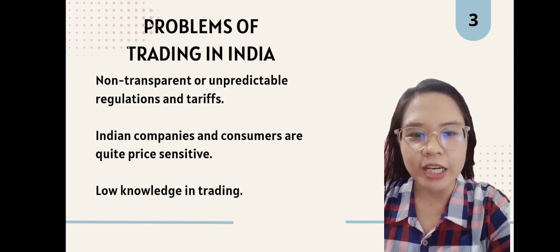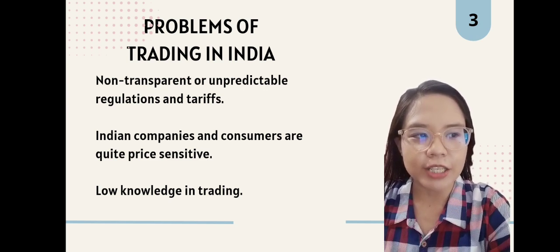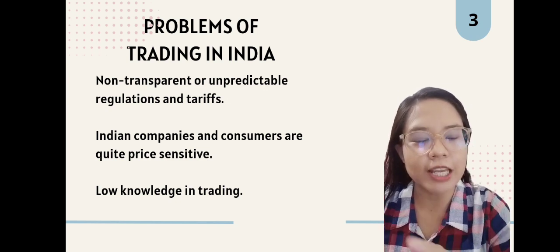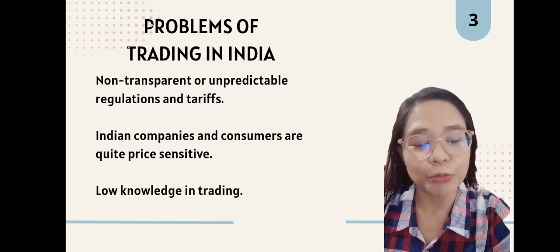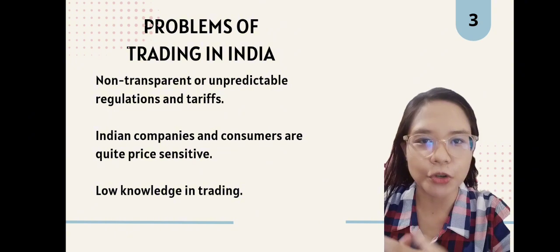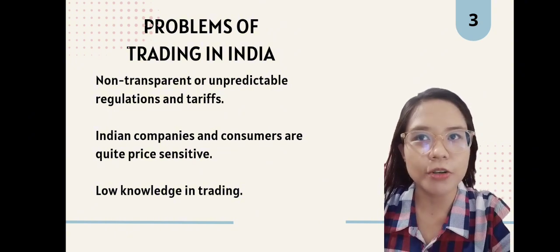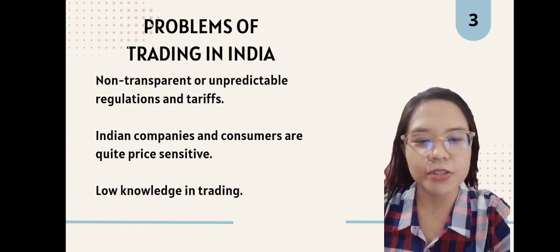So India often has delayed economic growth due to these regulatory rules and frameworks or the inefficiencies in the project approval because of their government rules, their government barriers and tariffs.